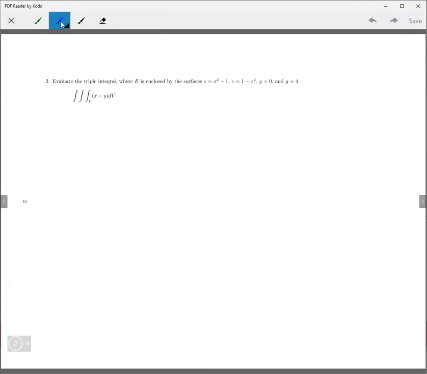You'll notice that these two equations seem to be much more complicated than these two, but these two are only in z and x. They're only in z and x.